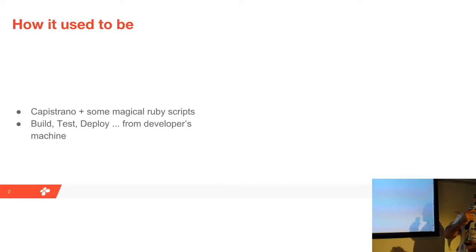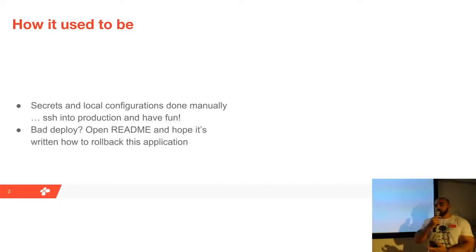The other problem with this way is that you now have to access the machine and configure. If your change requires a new password or new username or whatever new configuration, you have to do it manually again.